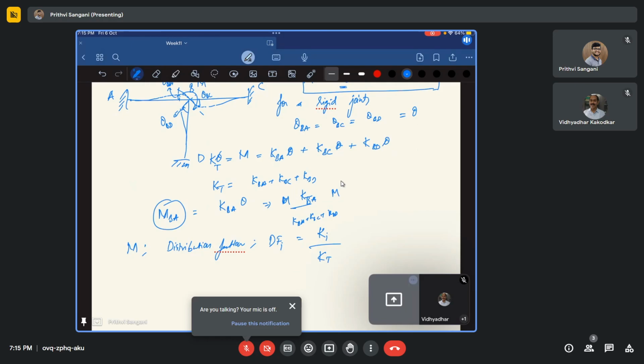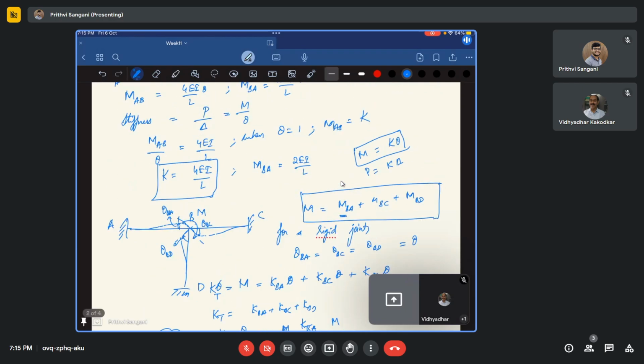So once we know how much moment is distributed in that member, we can find out the reactions in the supports which are located far from that joint. So this is one more point. The distribution factors are directly proportional to the stiffness of the members.